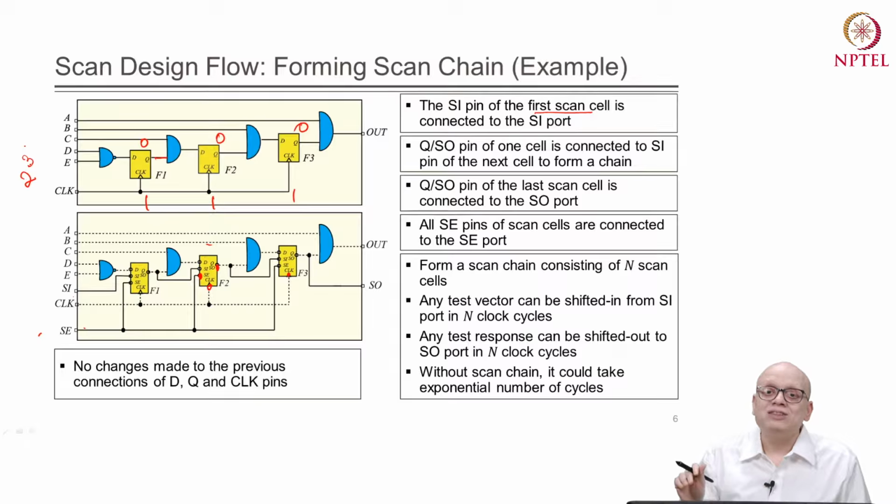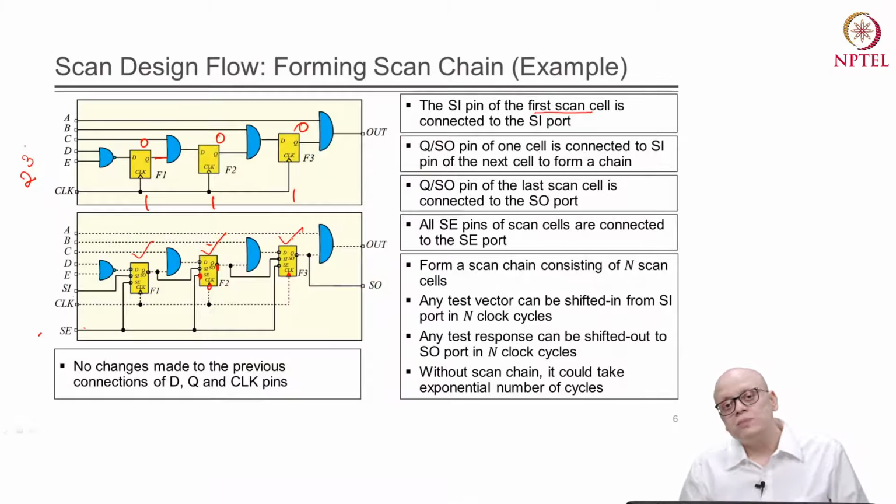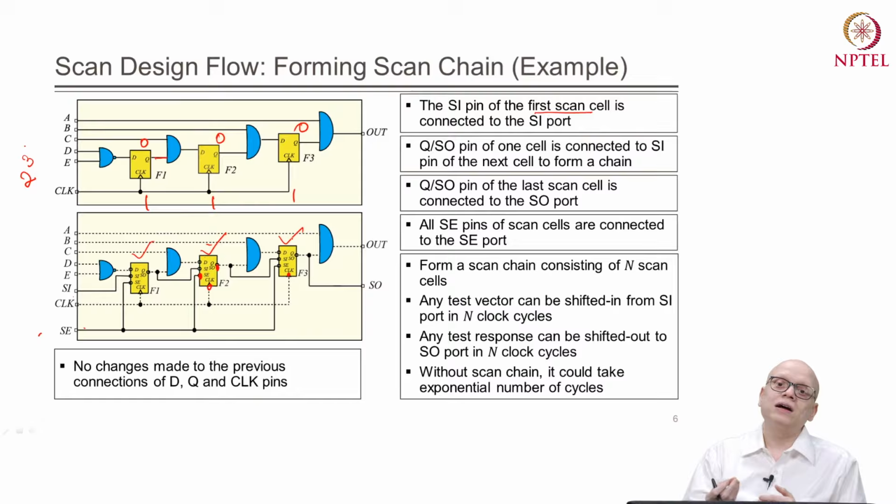So, in a maximum of 3 clock cycles we will get any value at the Q pin of this scan cell, and also be able to read any value at the D pin in 3 clock cycles maximum. This is how, by making a scan chain in our design, we simplify writing test vectors into the internal nets of our design and reading the values from them.